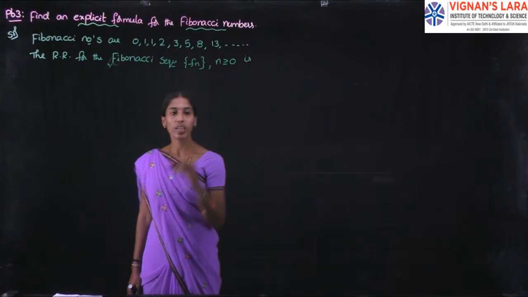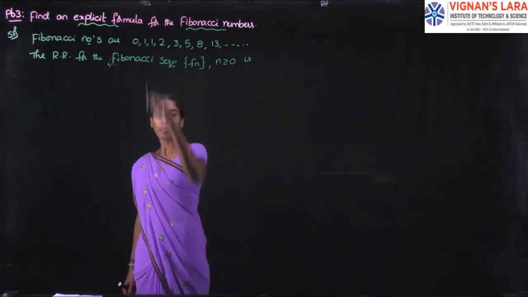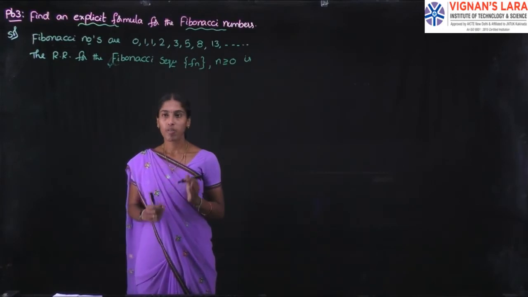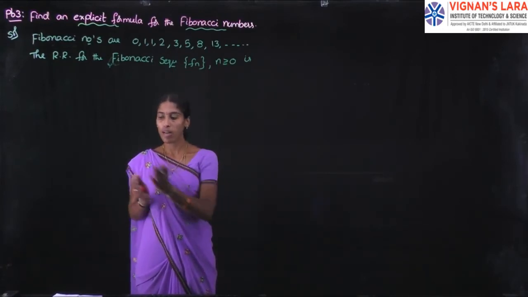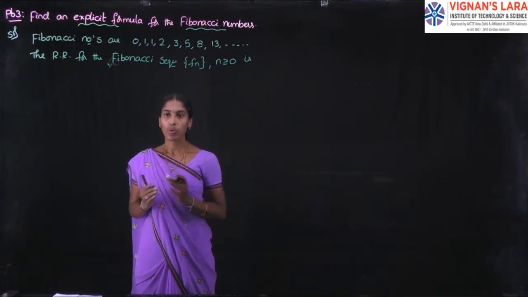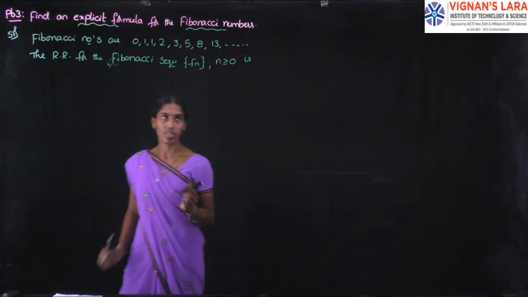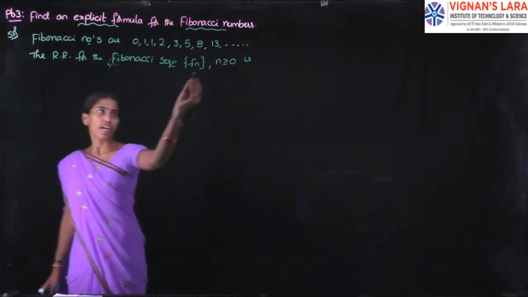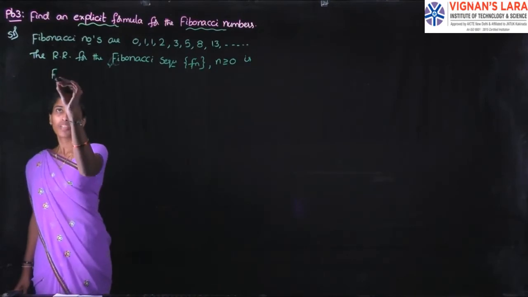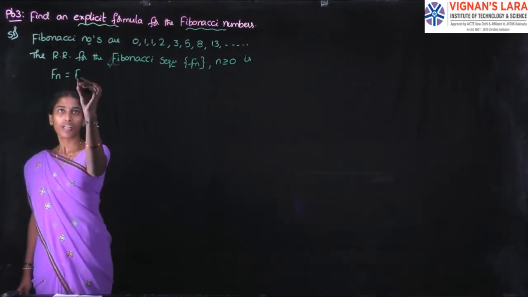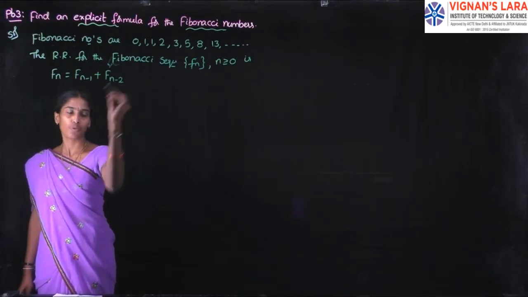How can we get the numbers? To get this third one 1, we are adding the previous two terms. That means Fibonacci numbers are obtained by adding the previous two terms. So to start Fibonacci numbers, we have to use the initial conditions, right? So we express it as, if we take it as uppercase letter Fn, how can we get Fn? Fn minus 1 plus Fn minus 2.